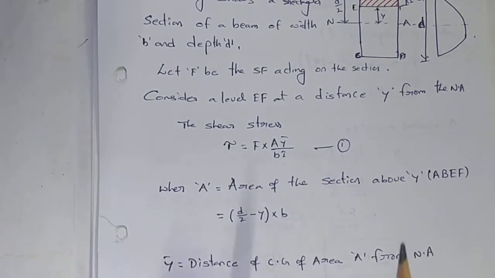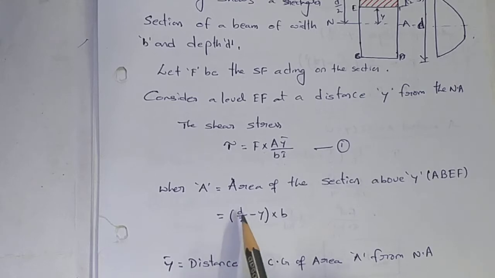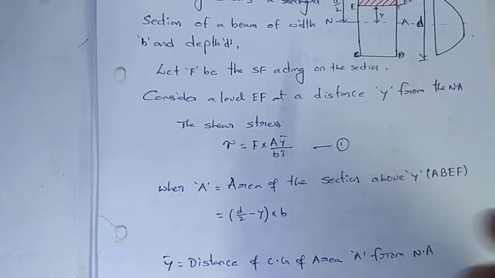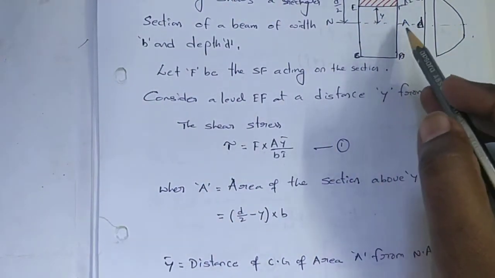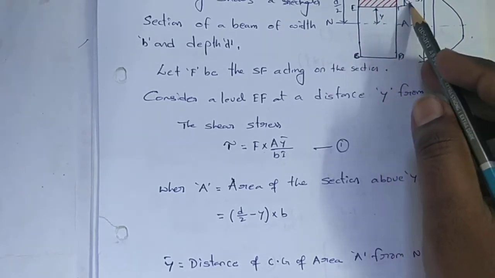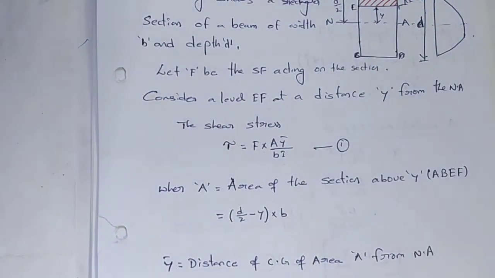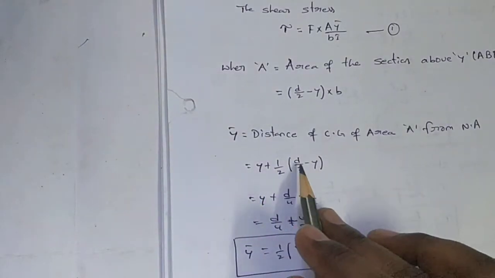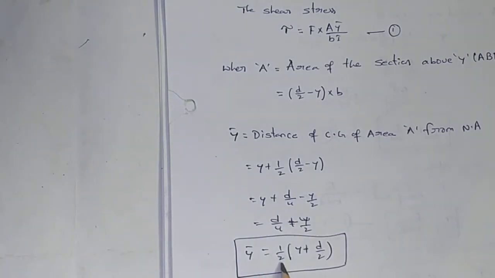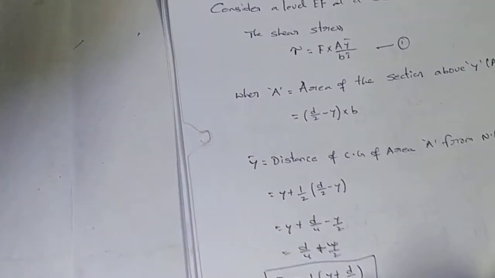For rectangular section, A is equal to the area of this element, that is D by 2 minus Y into B. Next, Y bar is equal to the distance from neutral axis to the center of gravity of this area, that is Y plus D by 2 minus Y by 2, which simplifies to Y plus D by 2. It is the distance of neutral axis to the center of gravity of the area.